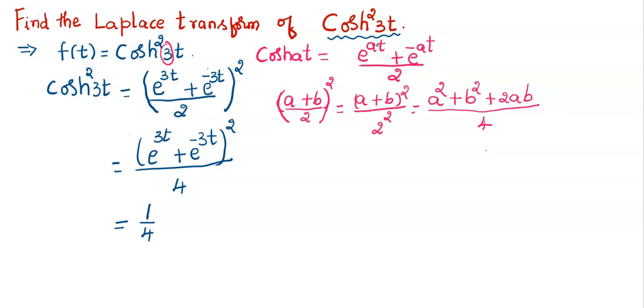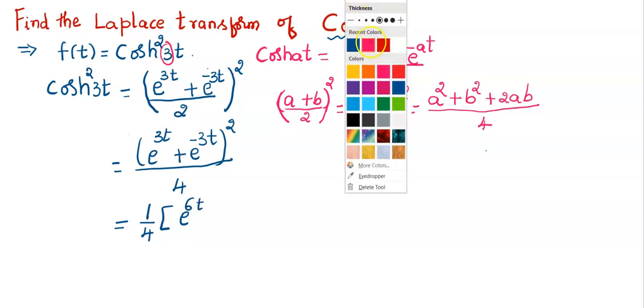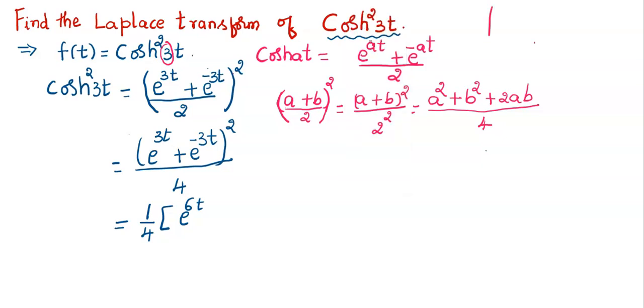See, 1 by 4 let me take outside. e to the power of 3t whole square is e to the power of 6t. We are using the law of indices format, that is a to the power of m whole to the power of n is a to the power of m into n.